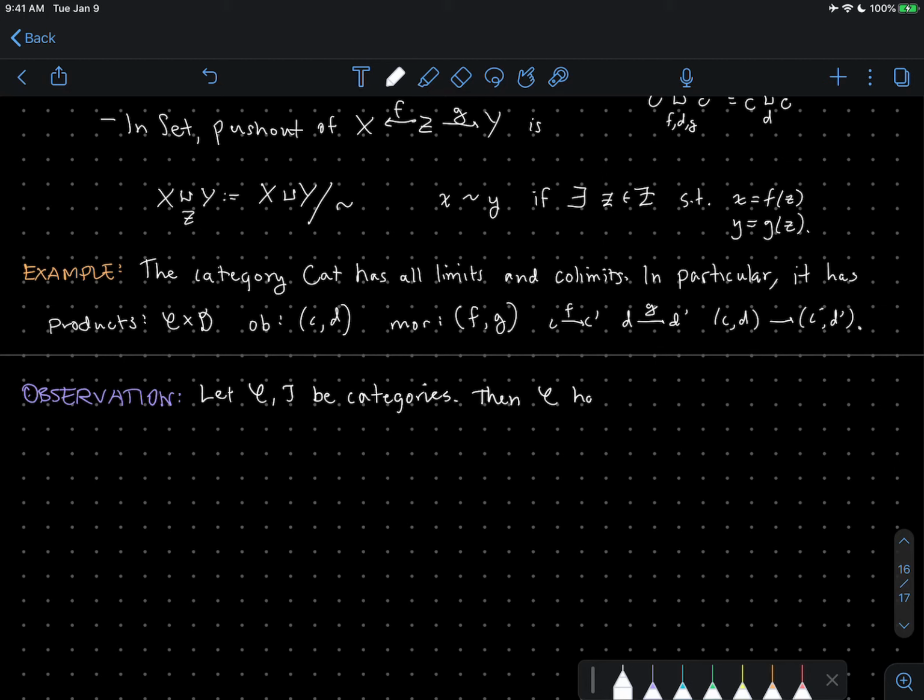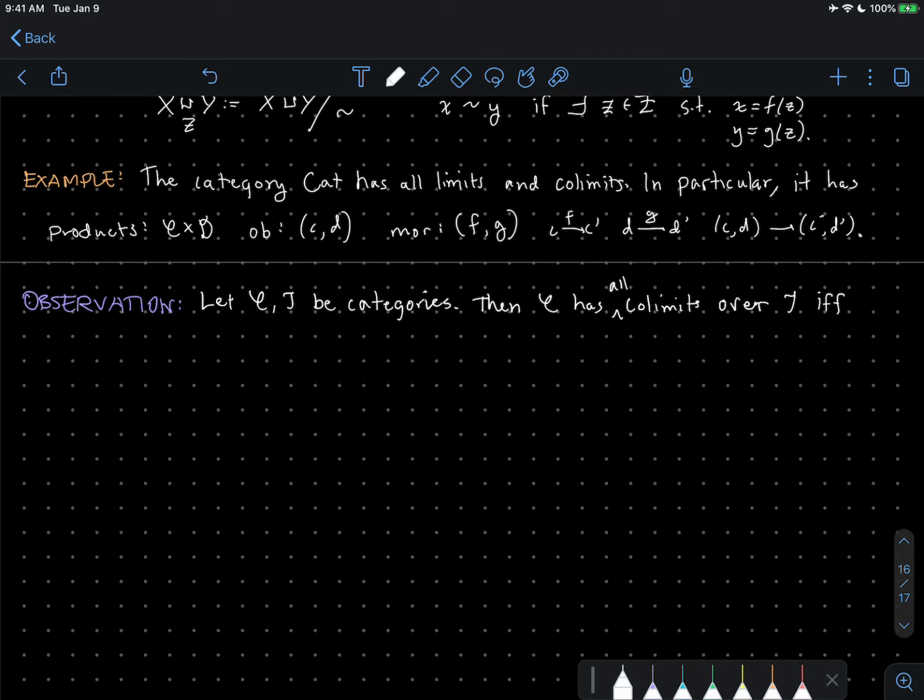Then C has all colimits over I if and only if the diagonal functor, sometimes called delta, which takes a little c to the constant diagram at c, admits a left adjoint.